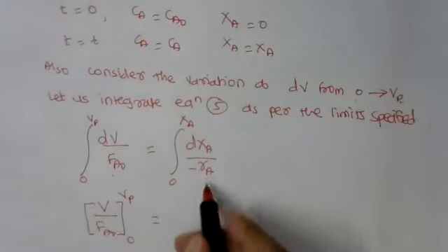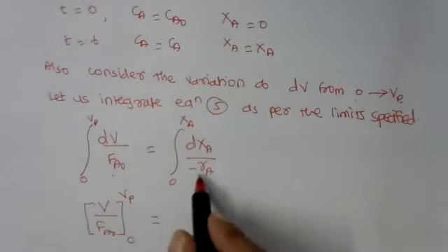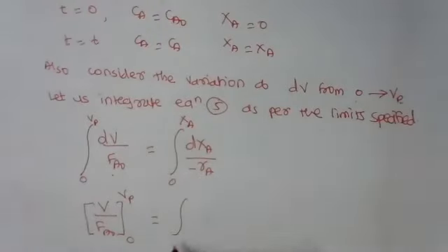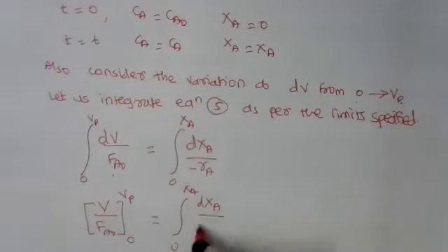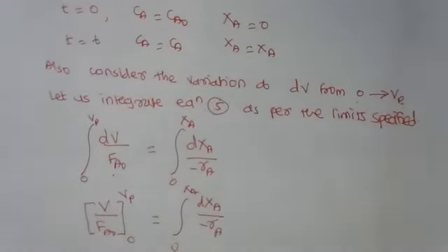Since we are deriving it for a general reaction, we will keep the RHS as it is, dXa upon minus Ra.